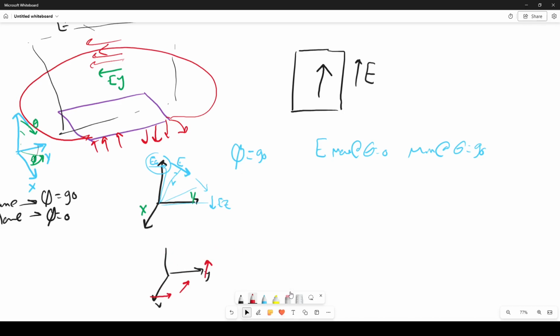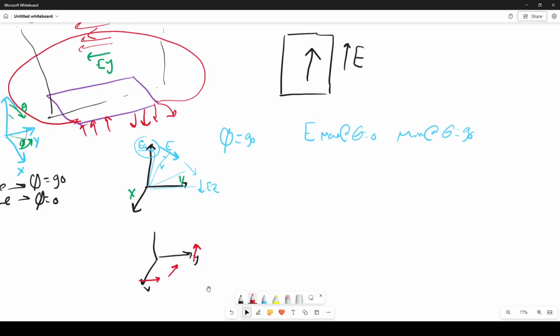It depends on the plane. At phi equal 0, like this plane, E phi equals Ey, which is the maximum.